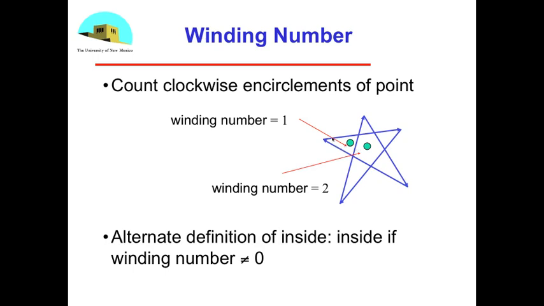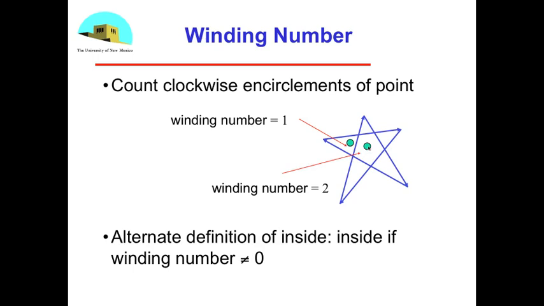If you encircle the point clockwise or counter, let's do it here clockwise. So you're going around this point, and notice it's really only encircled once. You go up here, around here, so it's really encircled only once, so its winding number is 1. If you look at this point over here in the center, it's circled once, and then you come back and you circle it again, so its winding number is 2.